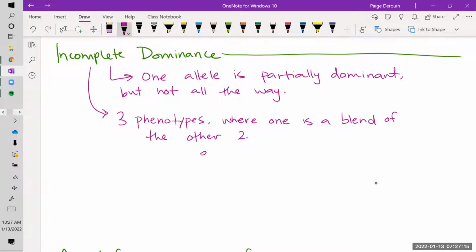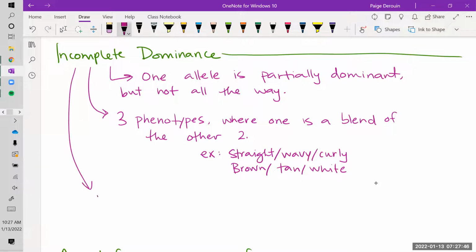So some examples in real life are things like straight hair, wavy hair, and curly hair, right? Or like brown, tan, white, where what I've written in the middle is the blend or the mixture, okay? When you do these problems, you use what we call a prime.